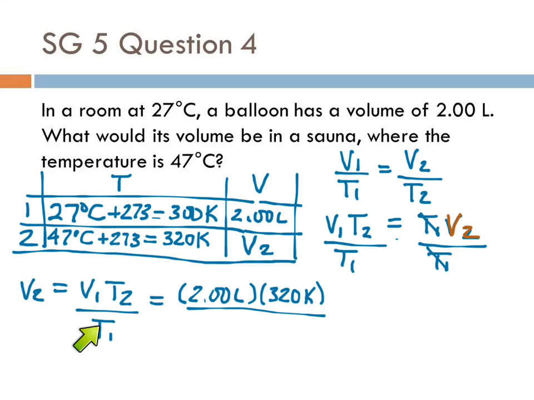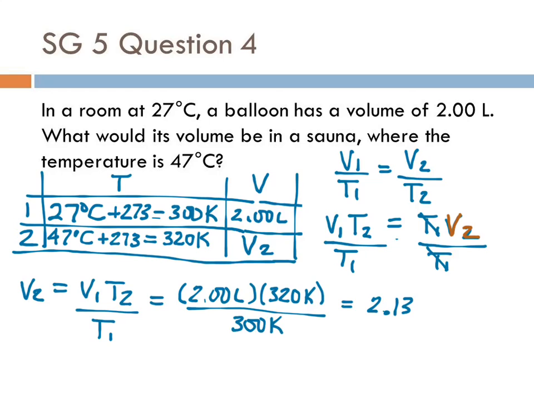And that's going to be divided by T1, which is right here, 300 Kelvin. So we've got 2 times 320 divided by 300. And we'll say that's 2.13. The calculator says 2.133 repeating.